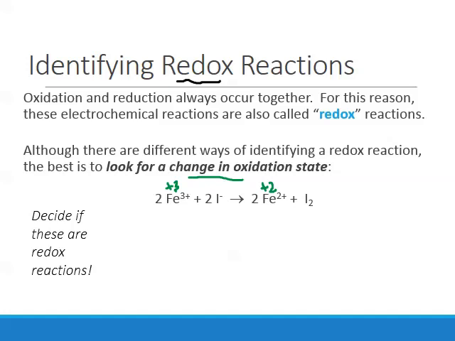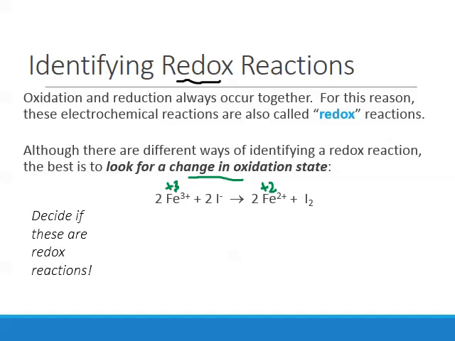But let's go a little bit further. What's happening to the iron 3 plus? Well, to go from plus 3 to plus 2, its oxidation state has dropped by 1. So if it dropped by 1, then my conclusion would be it's gained 1 electron. Remember that electrons are negative. If you start at plus 3 in a thermometer and you gain 1 negative, you'll go down to plus 2. So iron here has gained an electron, and that means iron 3 plus is being reduced.